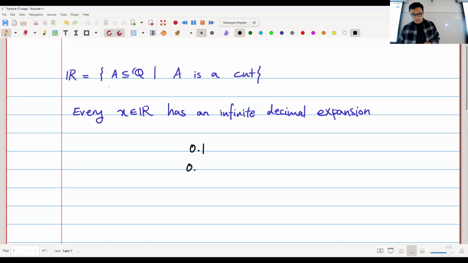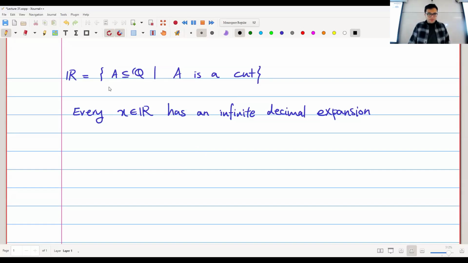Instead of this, I would just write 0.09 and then keep repeating the 9. So when I'm saying it's an infinite decimal expansion, I mean that it's not all zeros after some point. It's going to have non-zero entries forever. So we've seen these things. And again, it's up to you to prove that there is a one-to-one correspondence between the set of infinite decimal expansions and the set of cuts. But it's a very trivial thing.